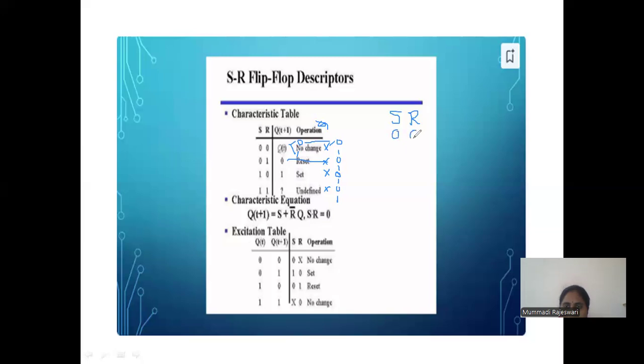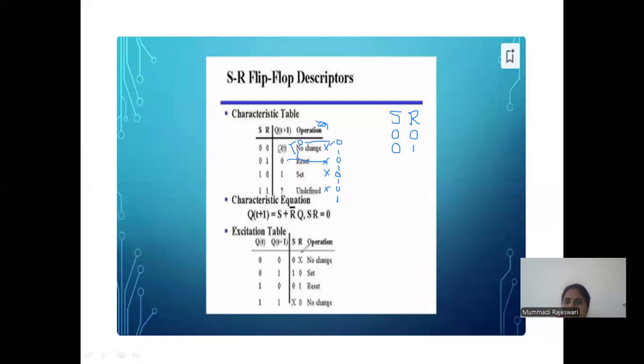One is 0, 0 and the second one is 0 and 1. Okay. From this, see here, S is 0 both times. This means that the mandatory input for S, when the present state is 0 and the next state is 0, is S equal to 0.